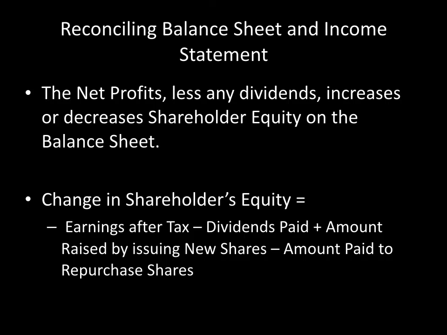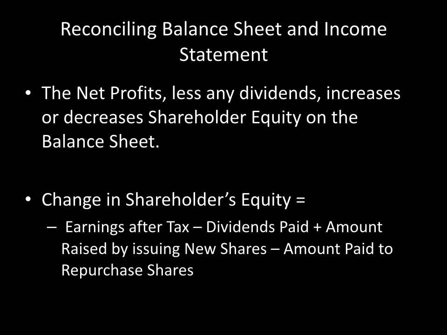It's interesting to note that the balance sheet and income statement are interrelated. In other words, we have to reconcile the two. As we said, from the net profits or earnings after taxes, we take out dividends. This represents the increase or decrease to the shareholders' equity from year to year on the balance sheet.